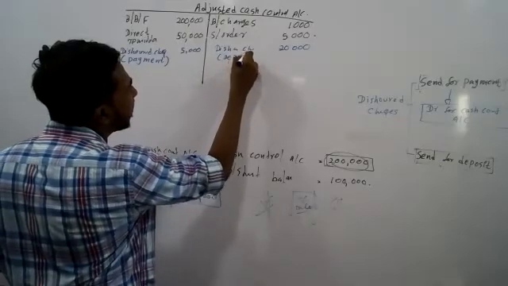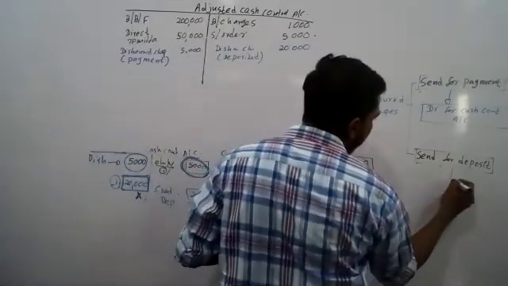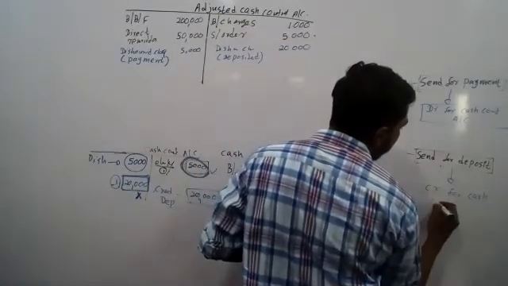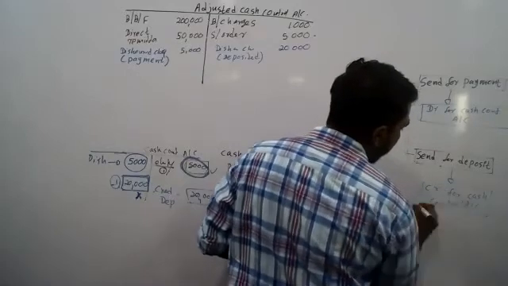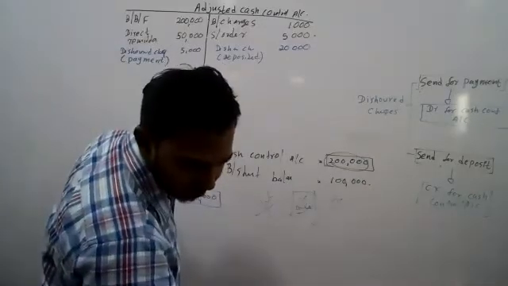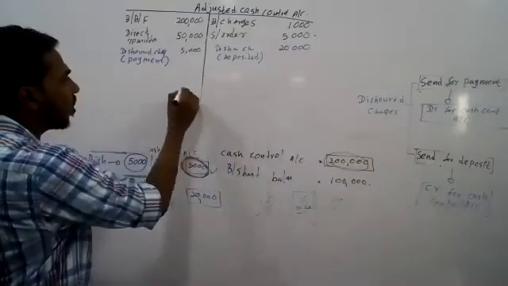If it is deposited and dishonored, then credit for cash control. Credit for cash control. Clear? So take down this also, dishonored checks. Then balance this off.